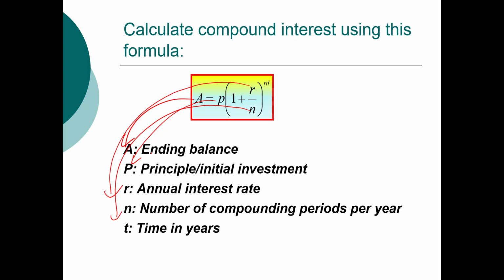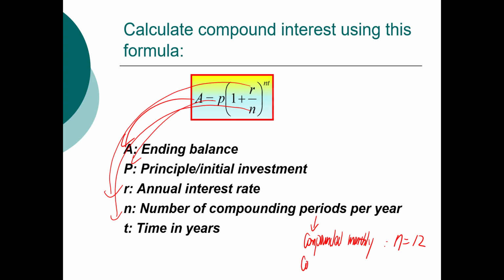So here, compounding periods. If it is compounding monthly, then the number of compounding periods per year is 12. You're getting interest on a monthly basis, so the number of compounding periods equals 12.